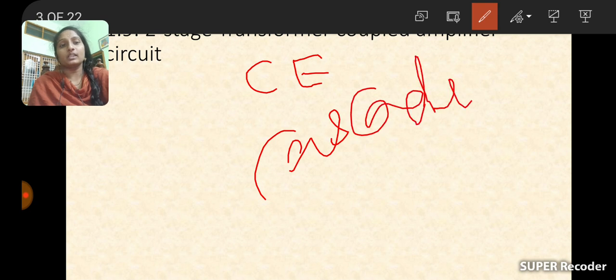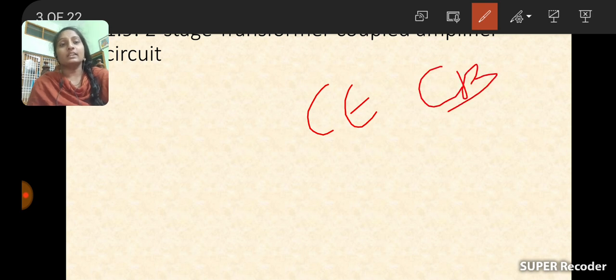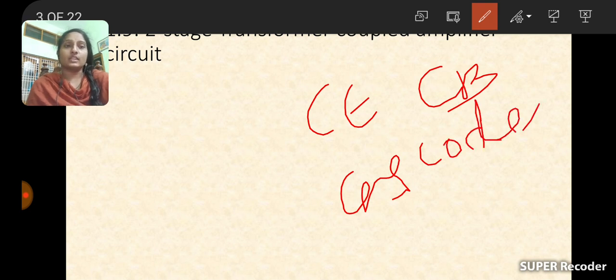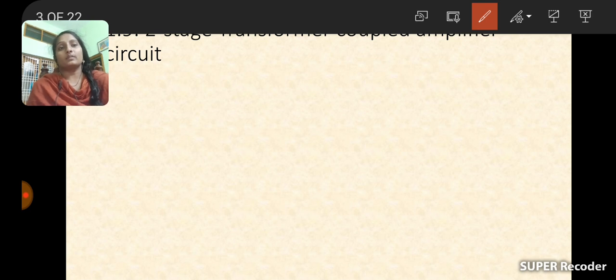Only common emitter connected to common emitter is called cascade. If it is a combination of common emitter as well as common base configuration transistors, then that is called cascode. In most cases we work with cascade only, but cascode is also there in some cases. So cascade means common emitter amplifiers connected together, and cascode means common emitter connected to common base.